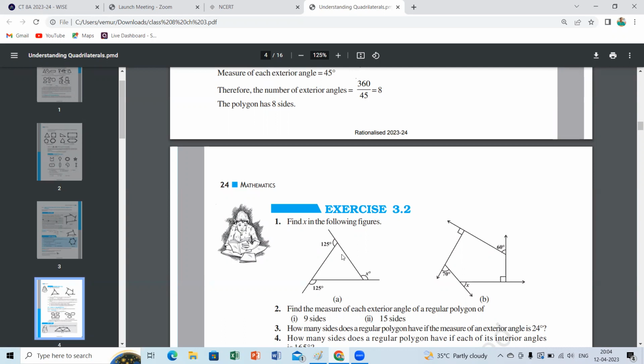Did everyone get the Topper subscription, the free subscription, children? Yes, ma'am. There are different levels of questions you have. Please practice and come with your doubts regularly.